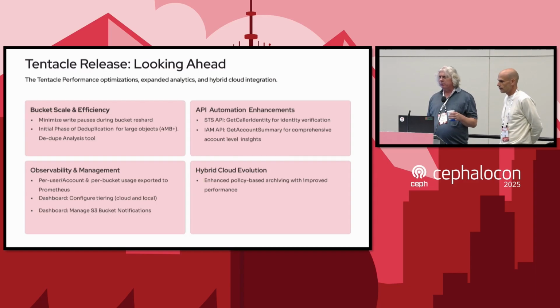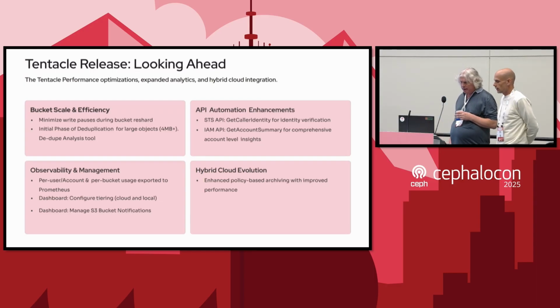So we're reorganizing the whole notion of how bucket listings are organized and how they're related to the objects contained in buckets to achieve that, and we're far along with that.